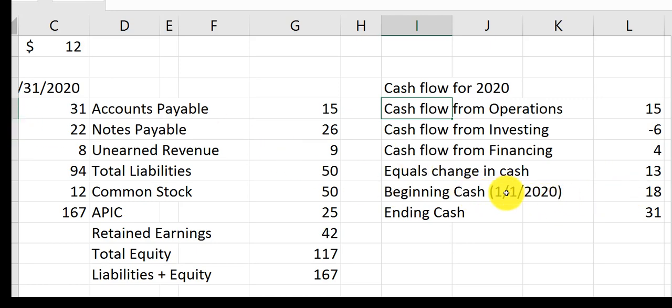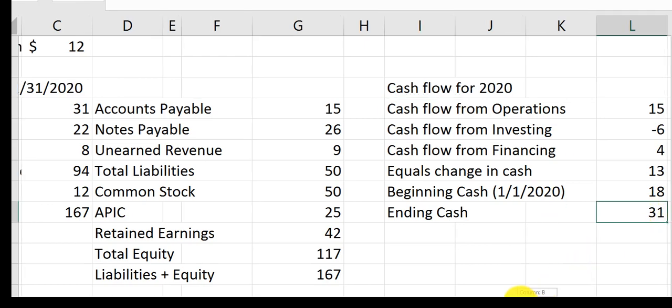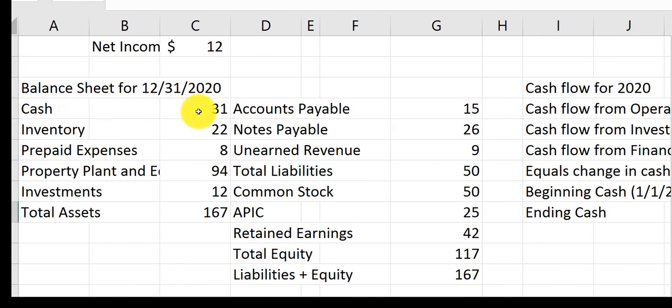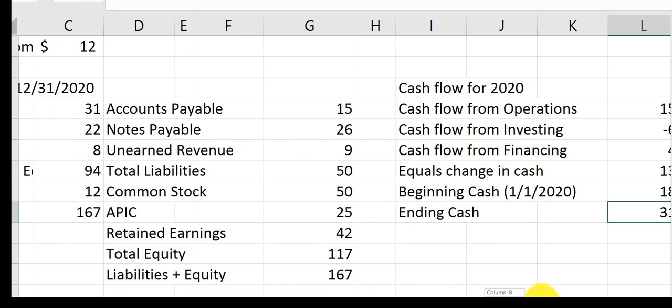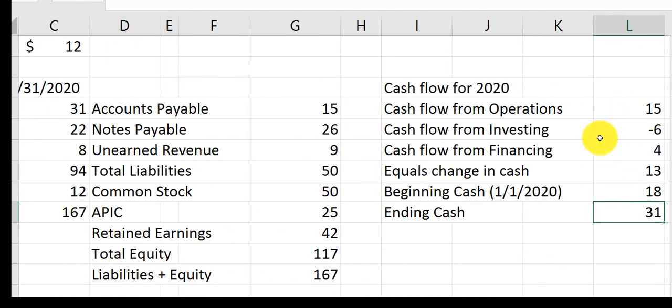That's from January 1st or December 31st, 2019, or January 1st, 2020, same thing. Ending cash should match the cash on this balance sheet. So this is all the things that affected cash during 2020. So it explains the $13 in cash change from the beginning of the year to the end of the year. That's the point of a cash flow statement, is to explain all the changes in cash.